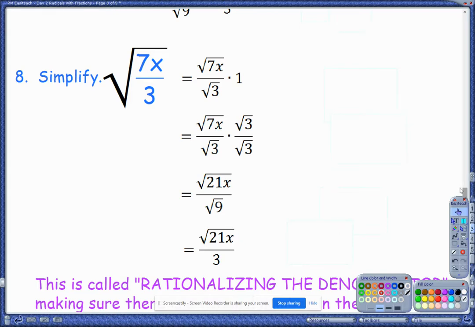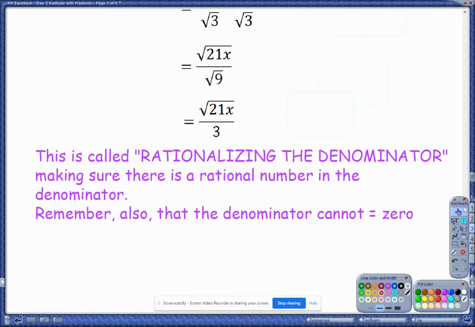And this is called rationalizing the denominator, making sure that there is a rational number in the denominator. And if you solve this and you have a variable in the denominator, make sure that the denominator cannot equal 0. And that is it.